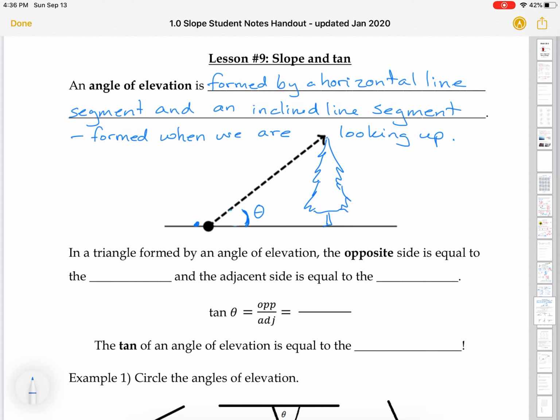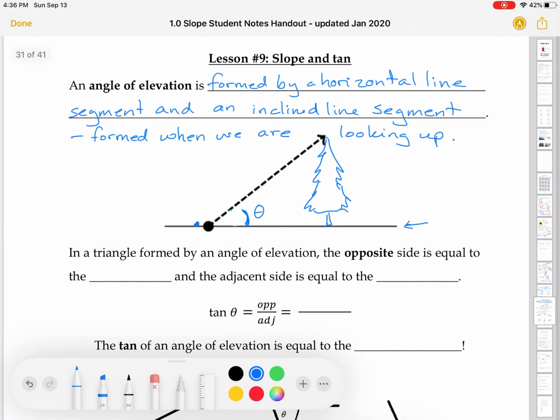It's always formed with a horizontal, like a flat line here going up. So it can't be formed by an angled line. It's got to be a flat horizontal line, something with the slope of 0, and then looking up.